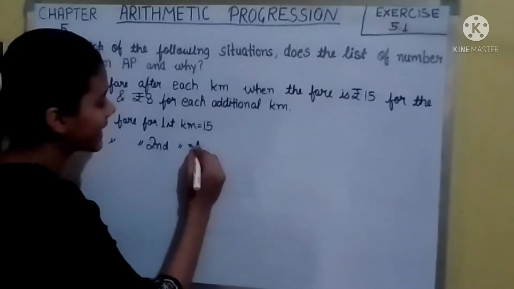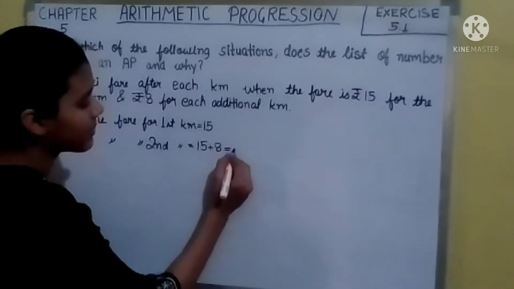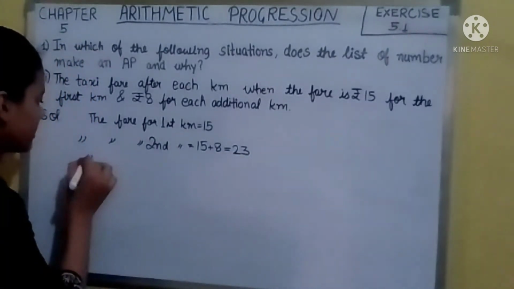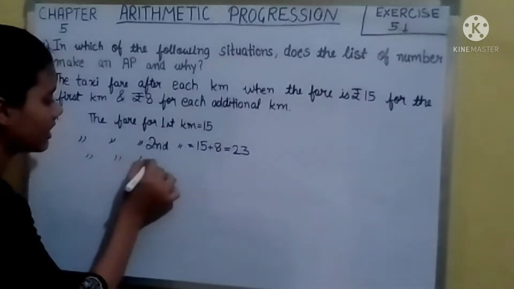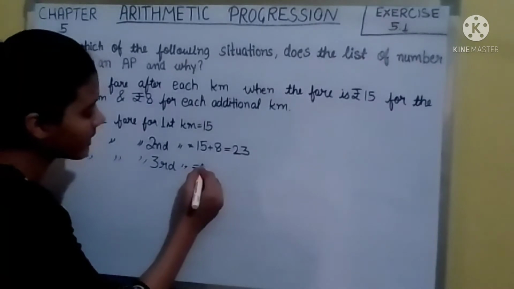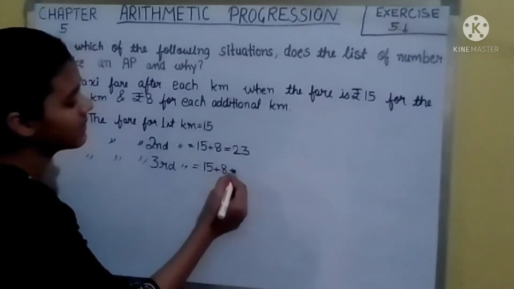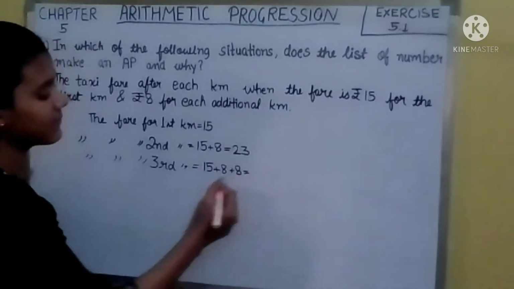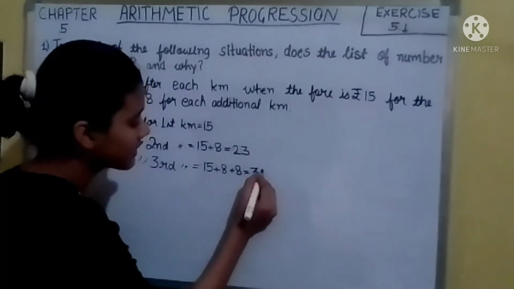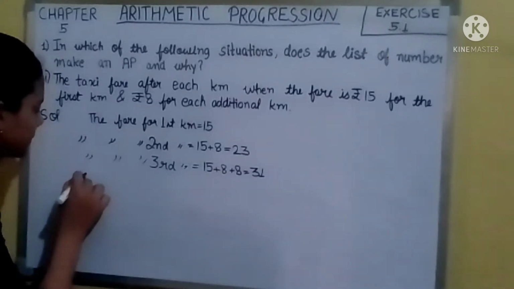So for the second kilometer it will be 15 plus 8, that is 23. Then the fare for the third kilometer: 15 plus 8 plus 8, that is 15 plus 16, you will get 31. Then let's continue to the fourth kilometer also.